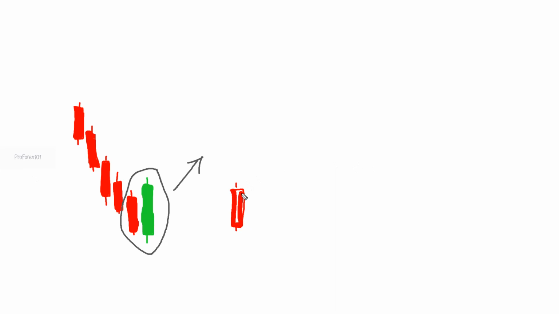These concepts, guys, are very important. As I said earlier in our exhaustions video, it's very small subtle differences, and they change the meaning of the signal drastically.